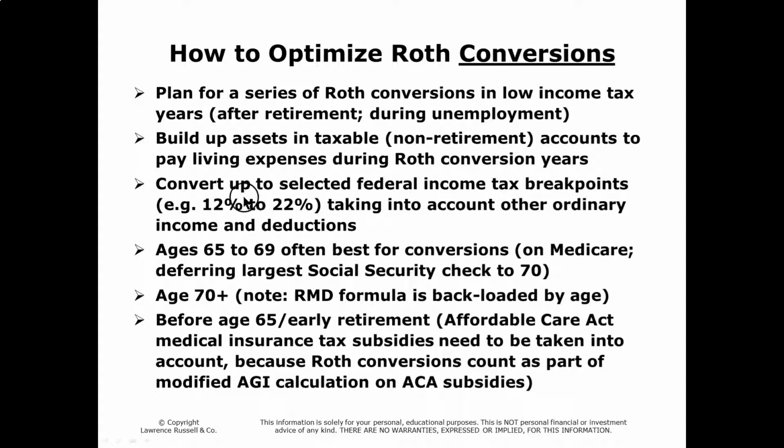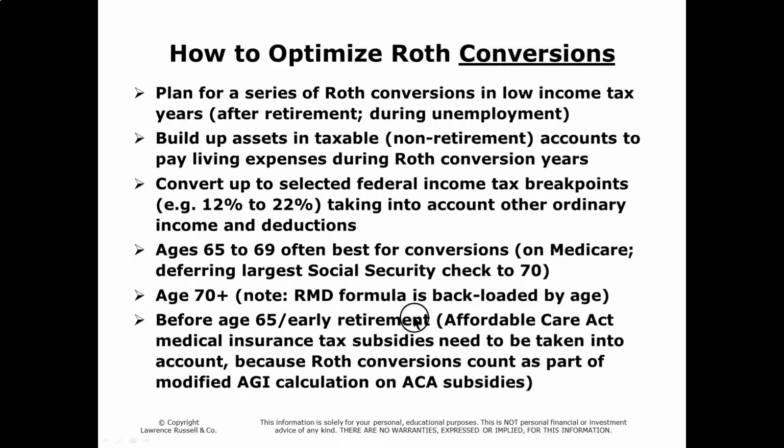You can be careful about how you convert and convert only up to certain of the federal income tax breakpoints. Ages 65 to 69 tend to be the best for doing these conversions, but you can also do conversions after age 70 or before age 65 in early retirement.